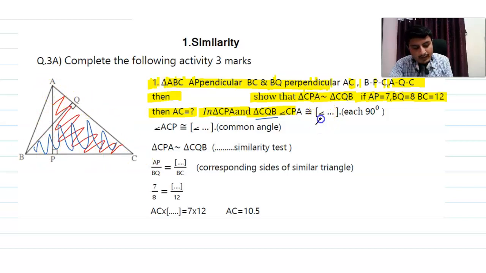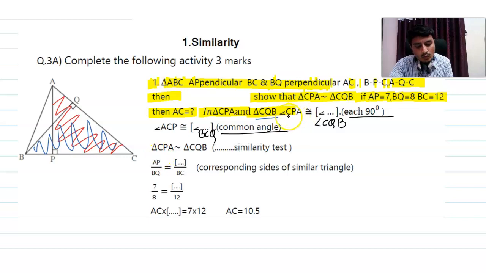I am writing angle CQB because each is 90 degrees. Now angle ACP is congruent to angle BCQ. I am writing BCQ because of the common angle.